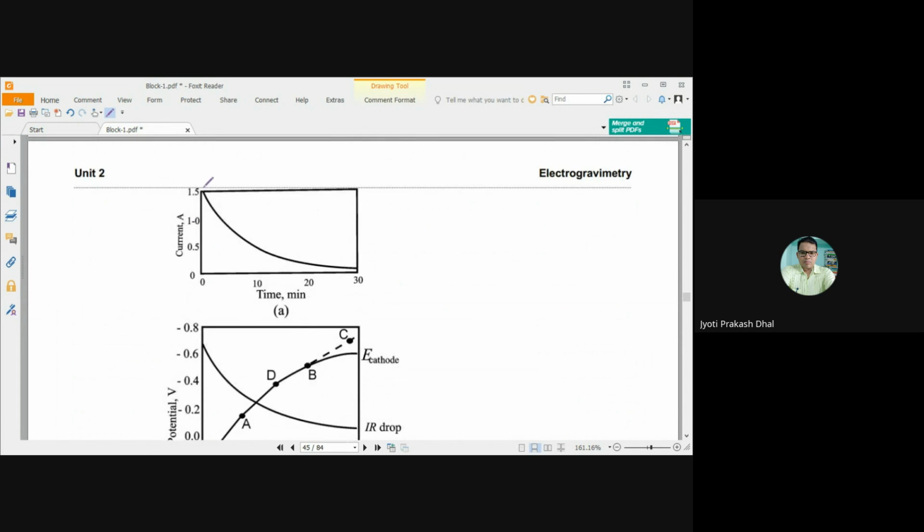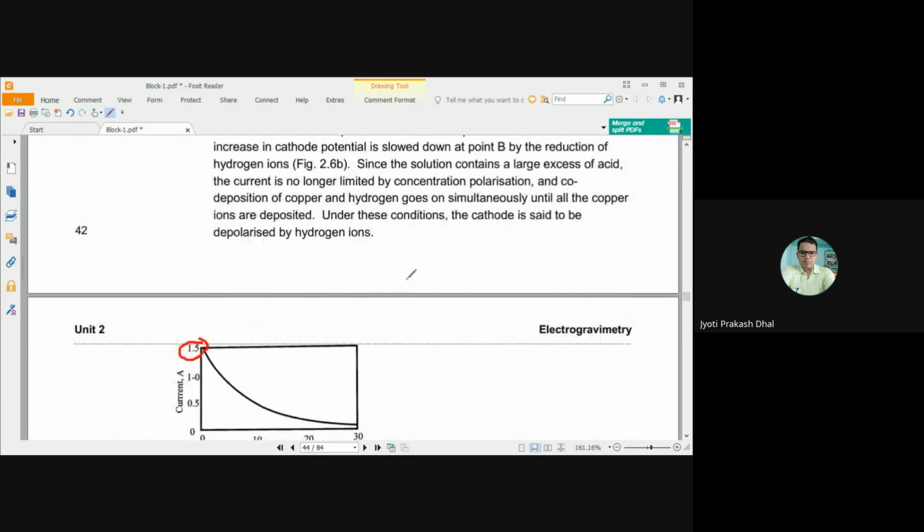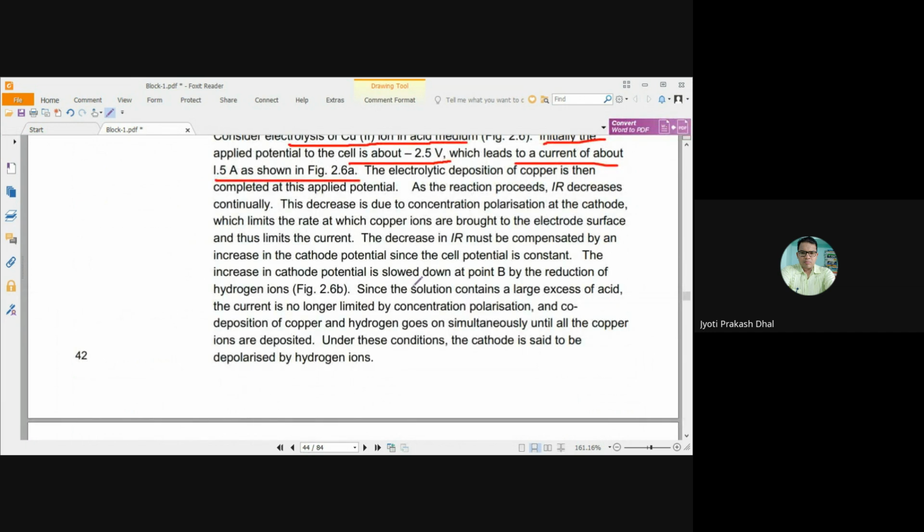So the initial current will be around 1.5 ampere, which corresponds to an applied potential of minus 2.5 volts, and the electrolytic deposition of copper is then completed as the potential changes from this applied potential.